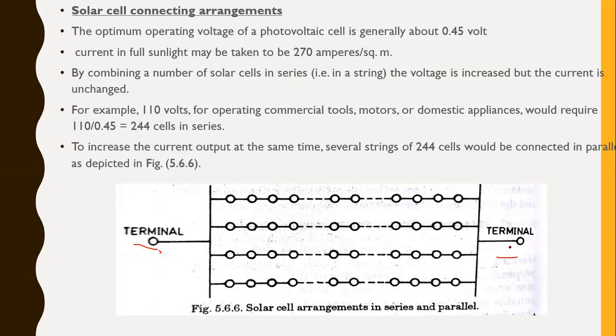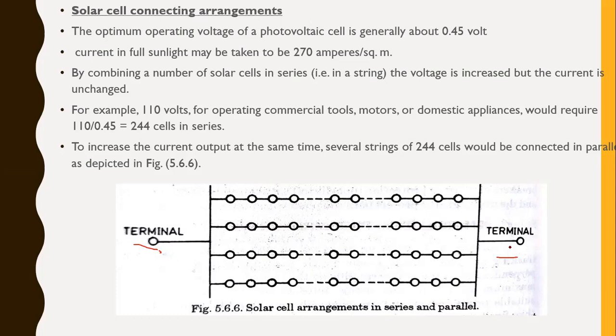If you connect in parallel, voltage will be equal. If you connect in series, current will be equal. So if you connect in parallel, current can be increased, so that overall we can increase the current to the desired value.